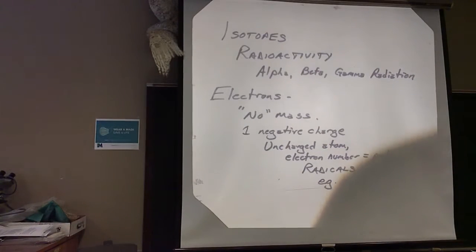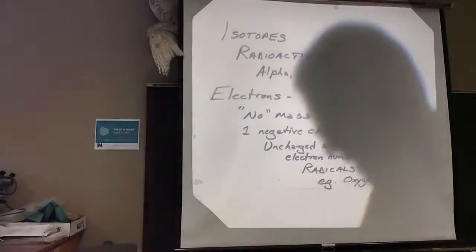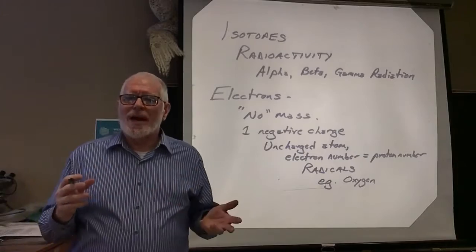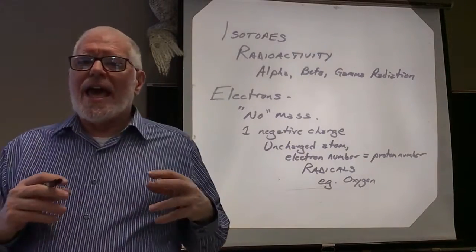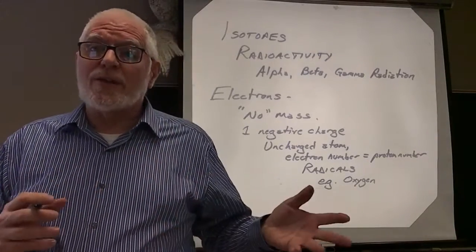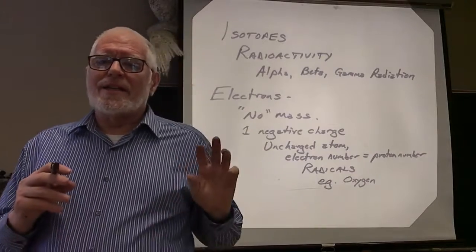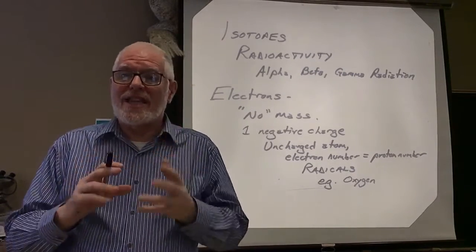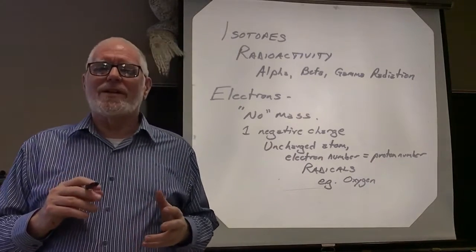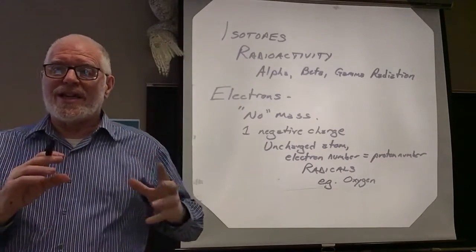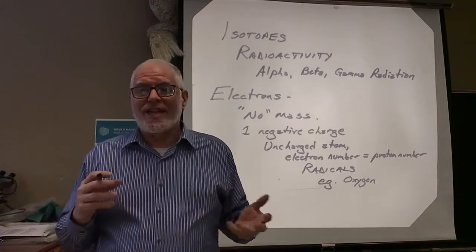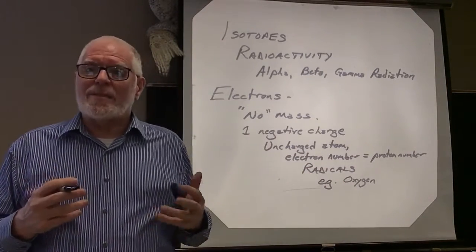For example, individual oxygen atoms will pop out of certain chemical reactions, and they have an equal number of electrons and protons, but for reasons we'll talk about in a minute, they are not stable. They're not chemically stable. There's a difference between nuclear stability and chemical stability. And so they will react with virtually anything they bump into, which makes them potentially dangerous.